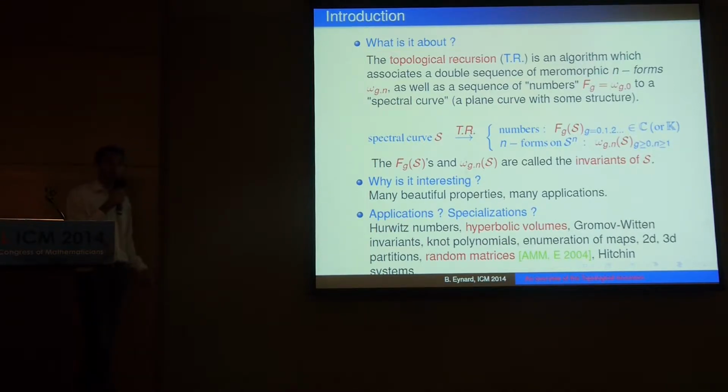The idea was to reverse the thing. So instead of having a random matrix problem, find the spectral curve and find all the corrections. The idea was to start from the spectral curve independently of any matrix model and define by recursion some invariants for that curve. So somehow it's how probability gave something about algebraic geometry. So let me introduce this recursion by an example.